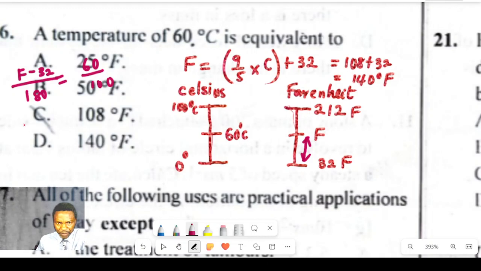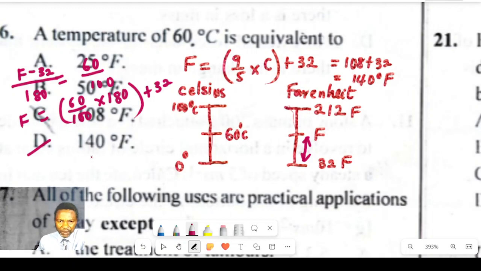Then making F the subject of the formula, F is equal to 60 over 100 times 180, then plus 32. That will give us the same value. So the answer is D.